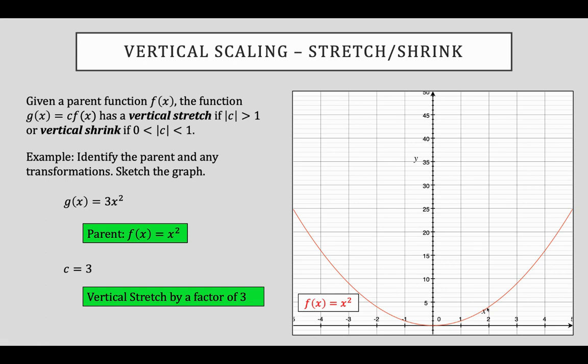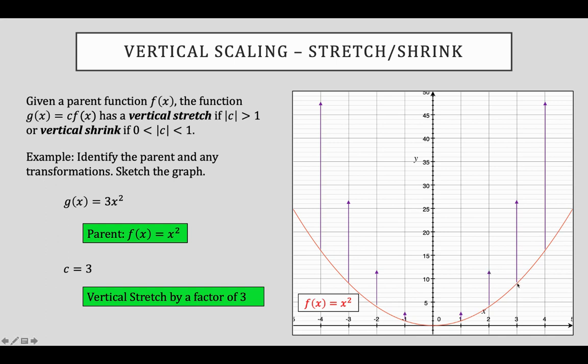Vertical scalings affect the y coordinates. We're going to multiply them by whatever c is. In this case, c is equal to 3. That means that this y coordinate that was at y equals 1 is now going to move up to y equals 3. This y coordinate, which was y equals 4, I multiply 4 times 3, that's going to bring me up to y equals 12.